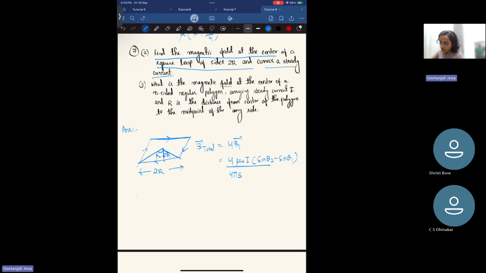So B total is 4 times mu naught. So this is mu naught I by pi S sine 45 plus sine 45. So 1 by root 2. So it will give root 2 mu naught I by pi S. S is R.